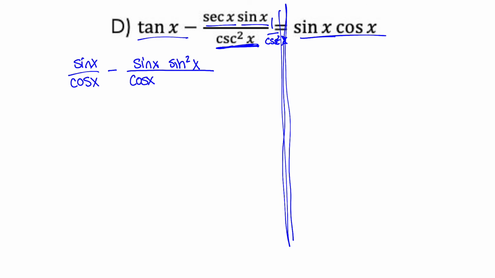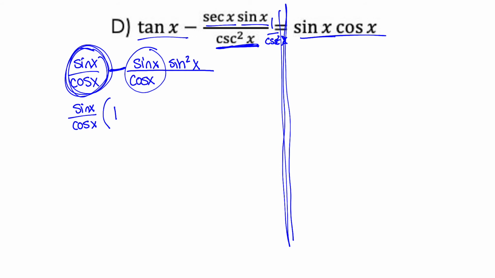All right, so now we've got lots of sines and cosines, but I can see both of them have this in common. So I'm going to factor that out: sine x over cosine x. If I take out sine x and cosine x, I'm left with 1.